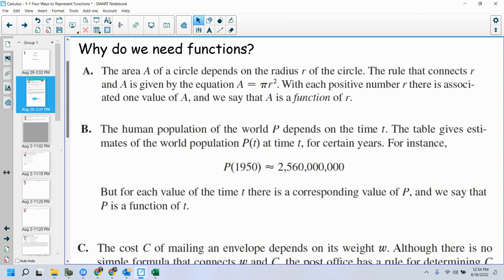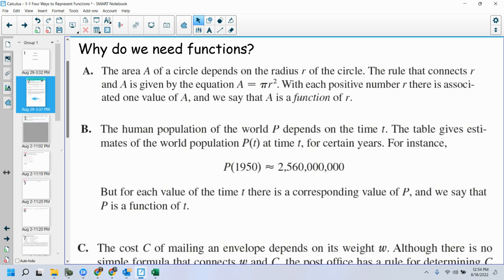But let's start by talking about why we need functions. The basic need for functions was just to come up with a way to talk about things that are happening in real life and relate them to a more mathematical way so that we could predict what might happen in the future. That's why we come up with a function, that's why we come up with an equation. Think about any distance versus time graph.